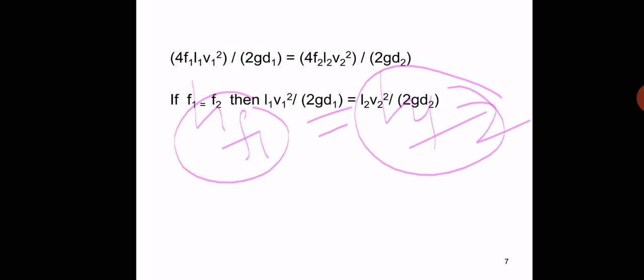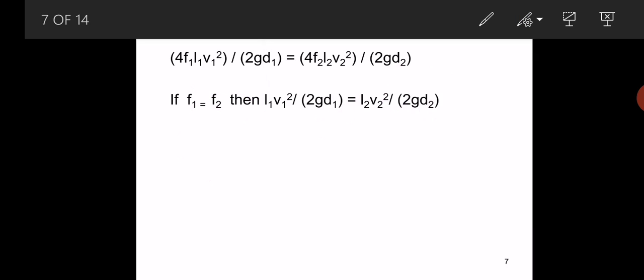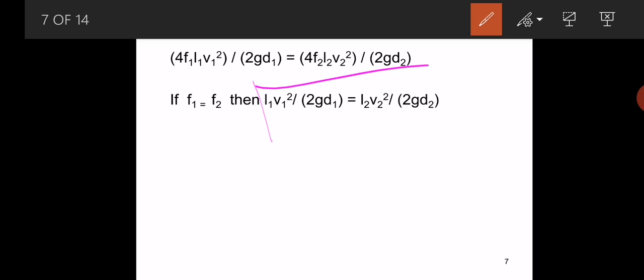If f1 is equal to f2, then the equation becomes L1 V1 square by 2gD1 is equal to L2 V2 square by 2gD2. If L1 is equal to L2, then V1 square by 2gD1 is equal to V2 square by 2gD2. All these formulas we have seen in the classroom.